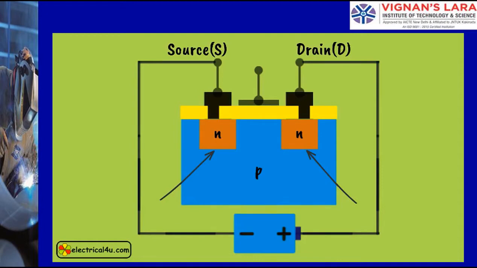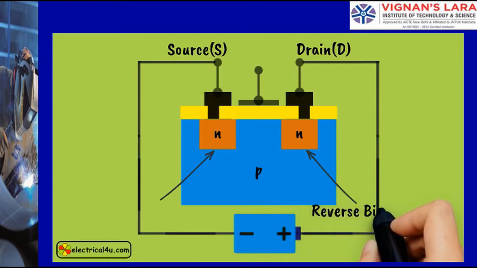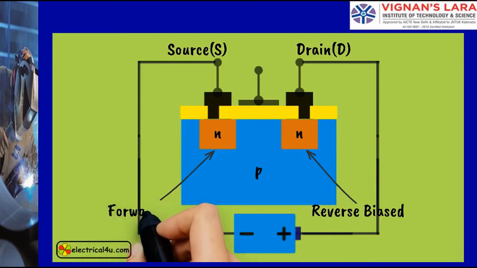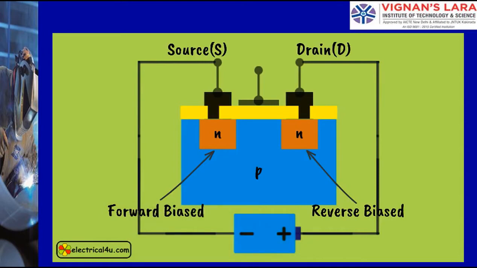As the drain is connected with the positive terminal of the source, the drain is at higher voltage than the base. Hence, this PN junction is reverse biased. On the other hand, as the source is connected with the negative terminal of the battery, the P-type base will be at higher potential than the N-type source. Hence, this PN junction is forward biased.